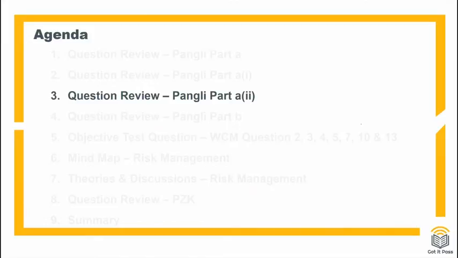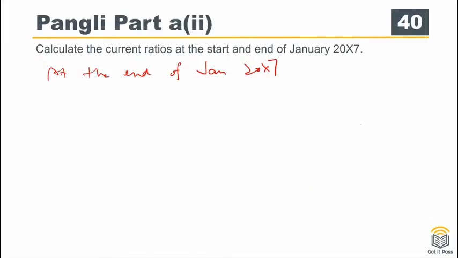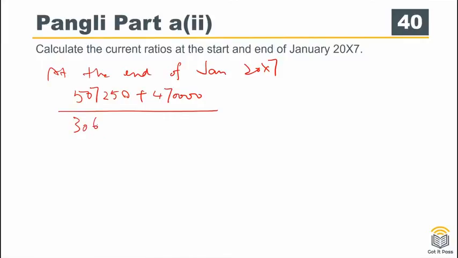So we got all numbers, then we can work out the current ratio at the end of January 2007, which is the inventories plus trade receivables divided by trade payables plus the overdraft.